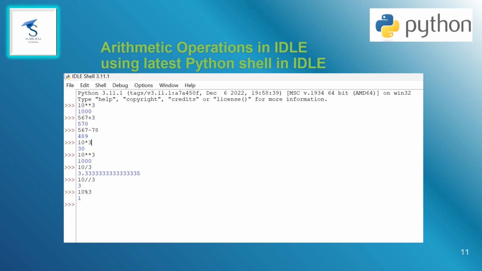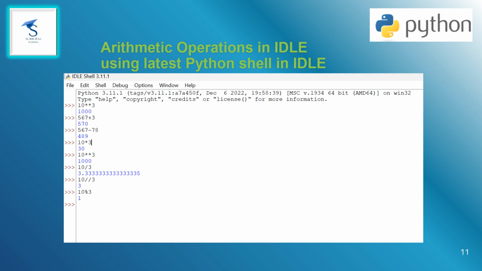It will divide 10 by 3 and give the result as a float. Got it? Suppose 20 by 5, 20 slash 5, you will get 4.0. You can also have a double slash.